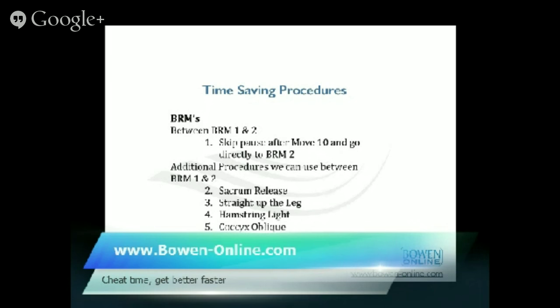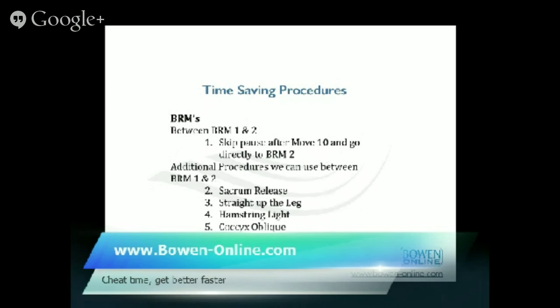There's a procedure called straight up the leg, which is a sort of backwards version of moves 5 to 8. And there's a procedure called hamstring light, which is a reversal of the moves 5A and 5 and 7A and 7, where we make a medial move over the holding point 5A and hold a point at 5.